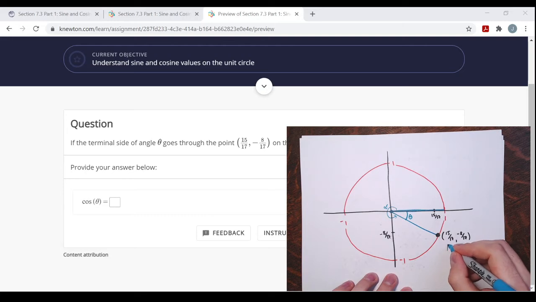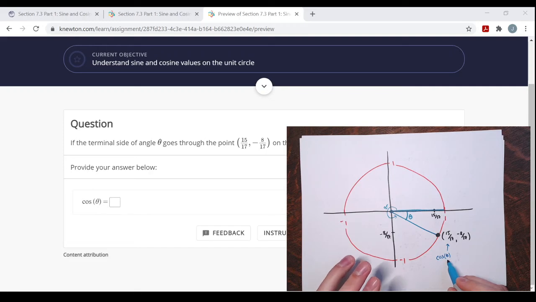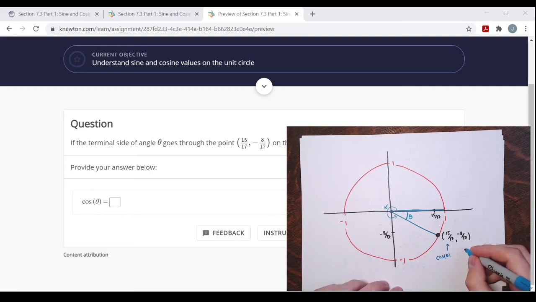And if you recall what I was saying earlier, the x-coordinate is the cosine of the angle. So the cosine of the angle that I drew would be 15/17. And the y-coordinate of the point on the unit circle would be the sine of the angle. So the sine of this angle would be -8/17.